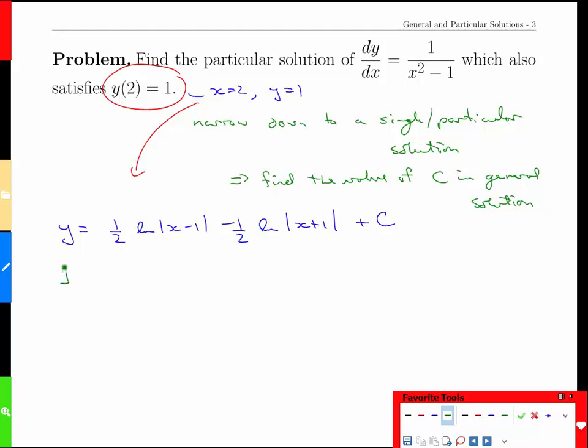So the y value has to be 1, and the x value has to be 2, so we'll put that in a second in a different color. 2 for x, 2 for x. Finish the absolute values. And the one value that's not determined is c.